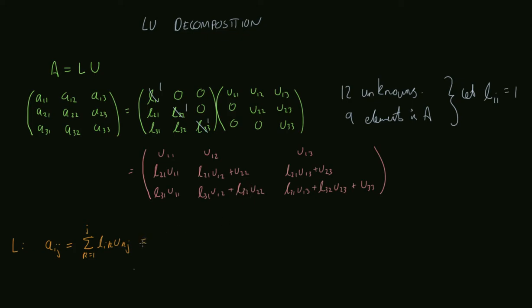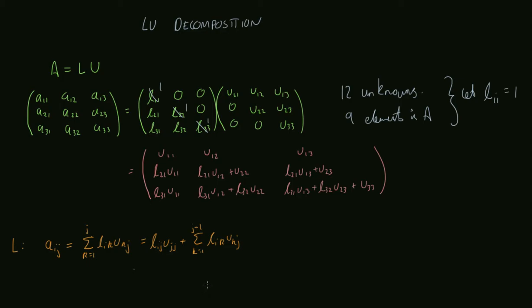What we can do is a little trick here, and take out one of these terms. If we take out the last term in the summation, we have Lij Ujj plus the sum of k equals 1 to j minus 1 of Lik Ukj.